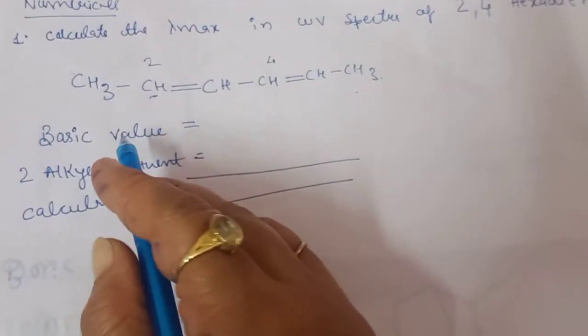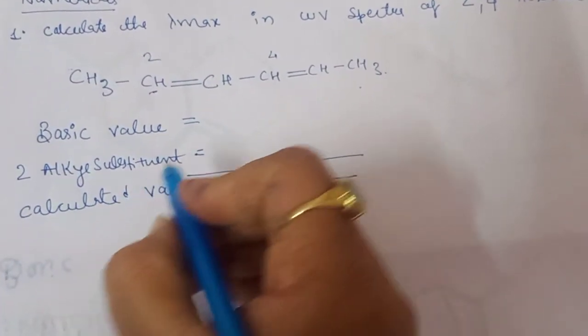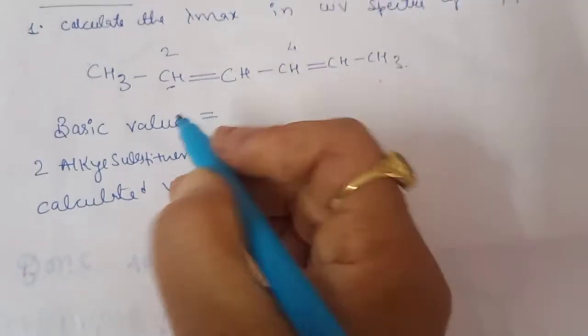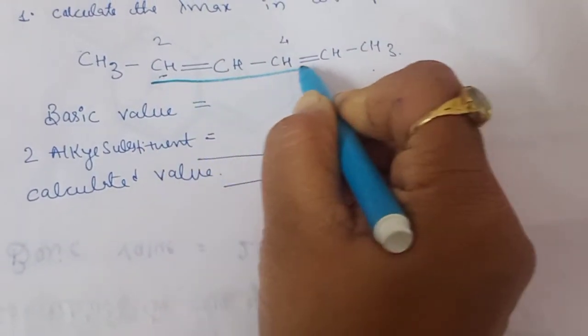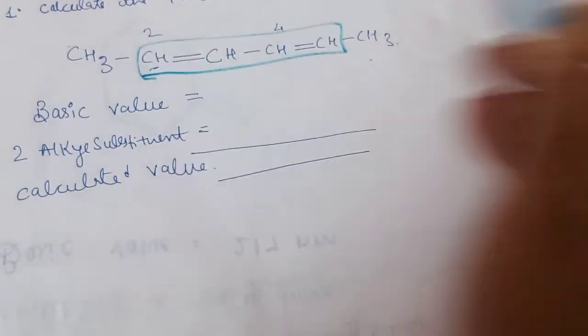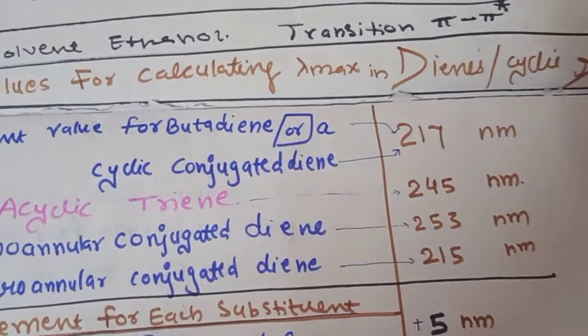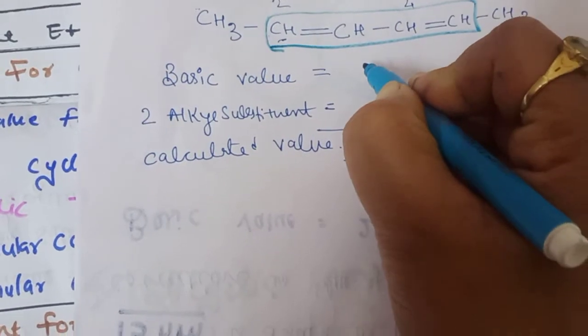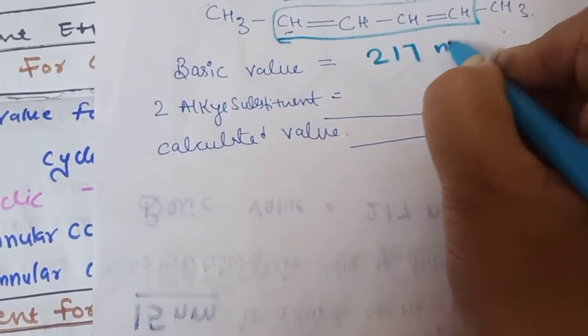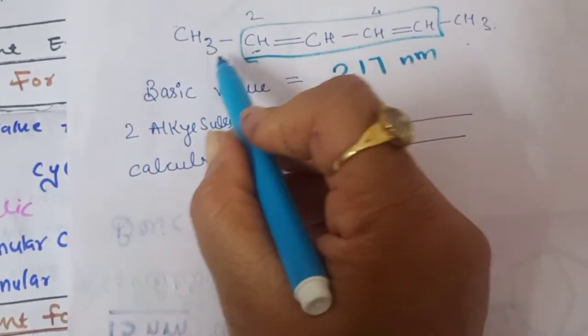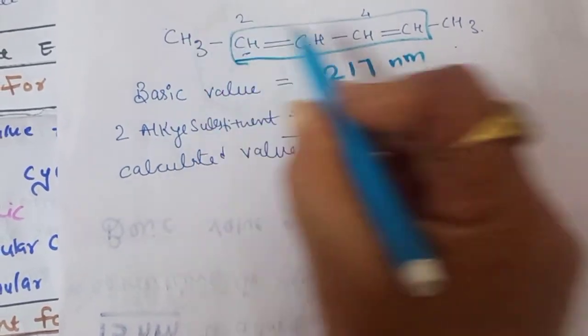Okay, now you tell me what is the basic value for this compound. If we consider the basic value as for 1,3-butadiene, we will see it from the table. What is the basic value for 1,3-butadiene? It is 217, so we will write here 217 nanometer. Then how many groups are attached? One alkyl substituent here, one alkyl substituent here.